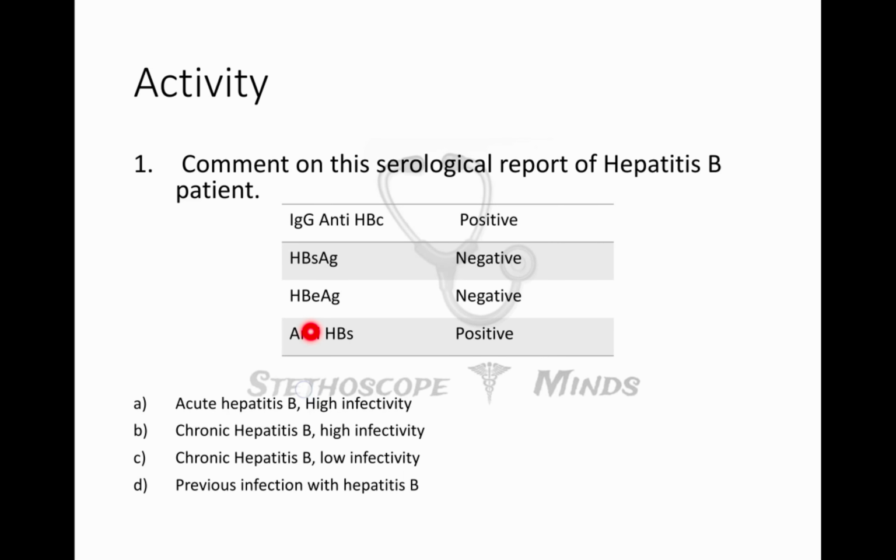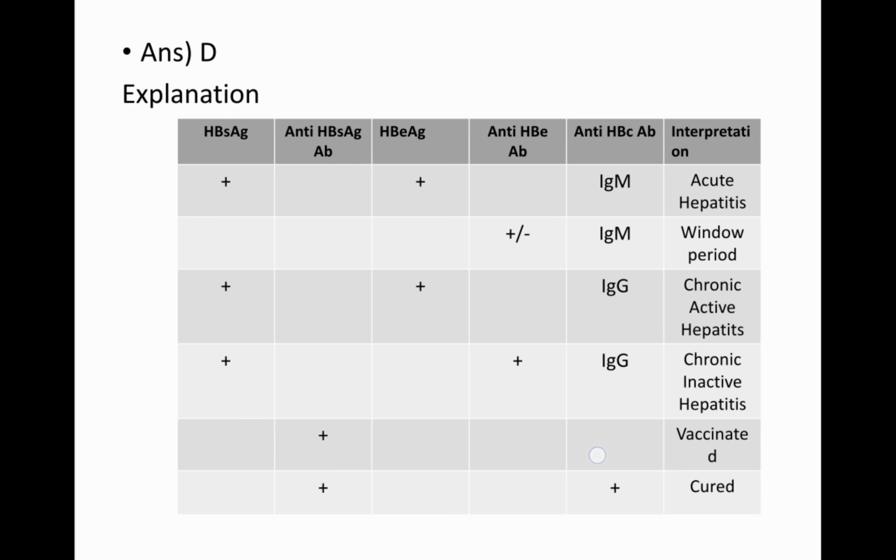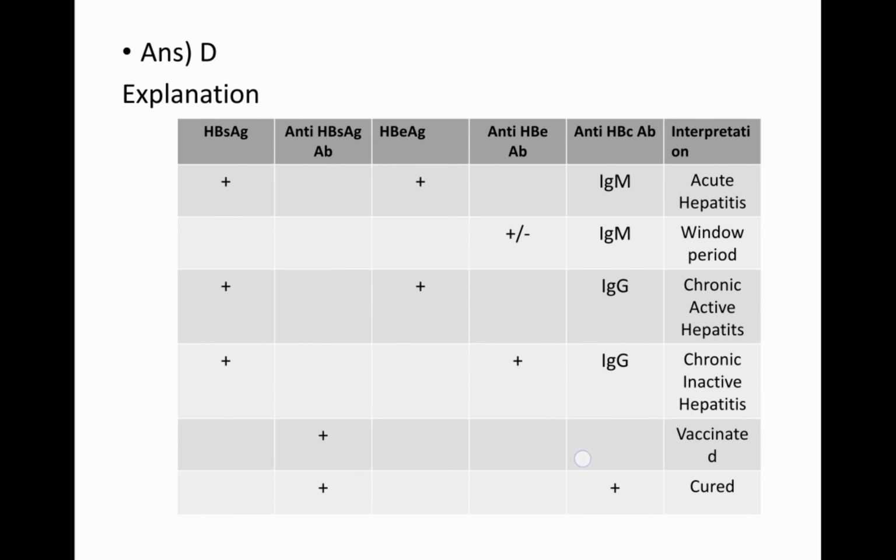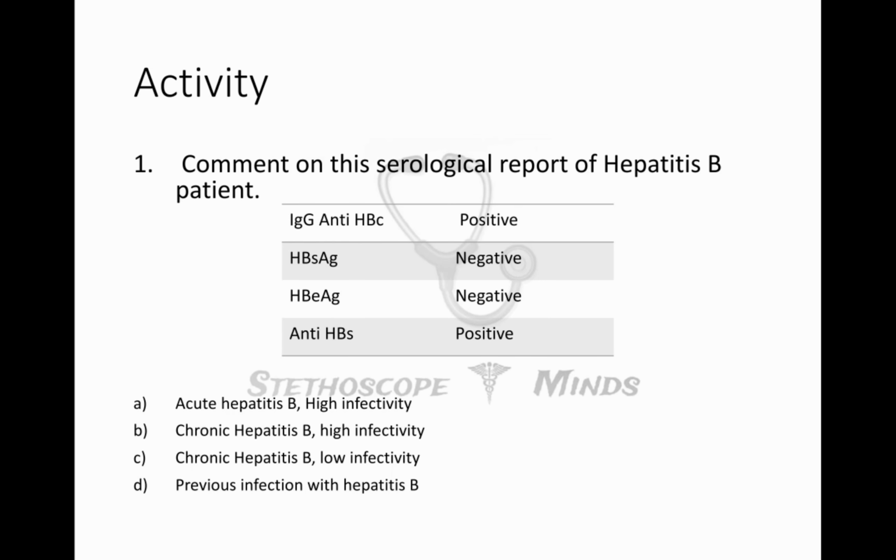And they said anti-HBs is positive, which is present in vaccinated or cured patients. But they gave anti-HBc antibody, IgG. So, it is cured, meaning previous infection with hepatitis B, right?